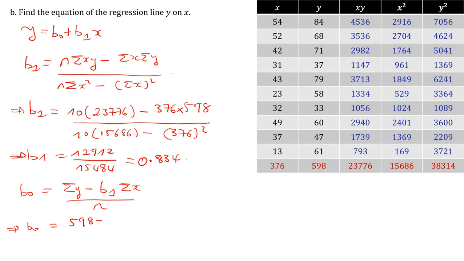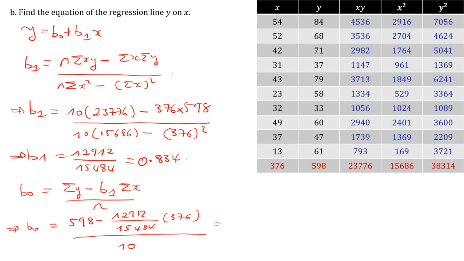Our b1 is, I will use 12912 divided by 15,484. So I'm using this full value because I don't want to approximate. I don't want the approximation to be too much. So all of this will be multiplied by 376. All of this over n, where our n is 10.